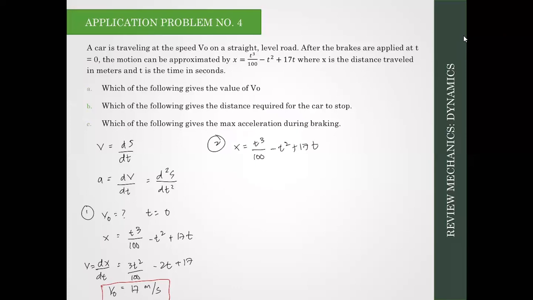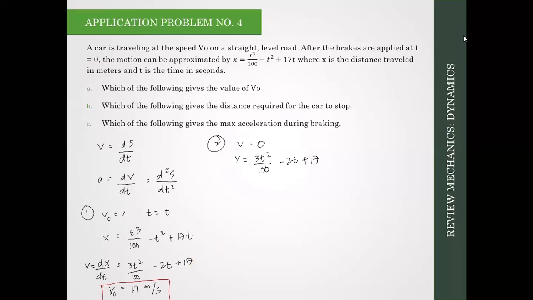Okay. So kung mag-stop yung car, ano mangyayari? Yung velocity natin doon will be equals to 0 kasi hindi na siya moving, no? So gamit yung formula natin for the velocity, 3t squared over 100 minus 2t plus 17. Okay? So yung na-derive natin yun dito, ha? Ito yun.